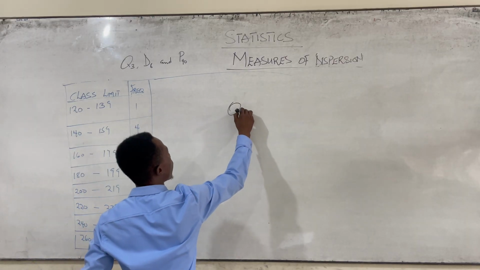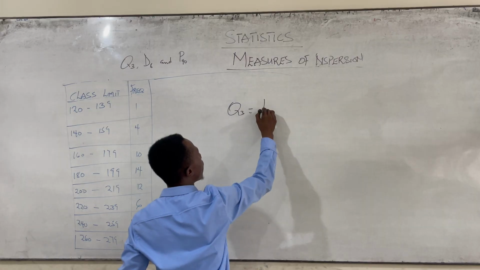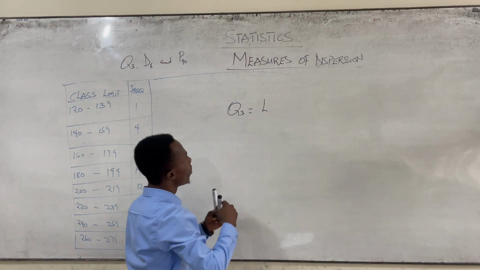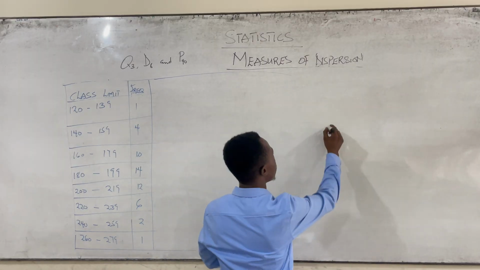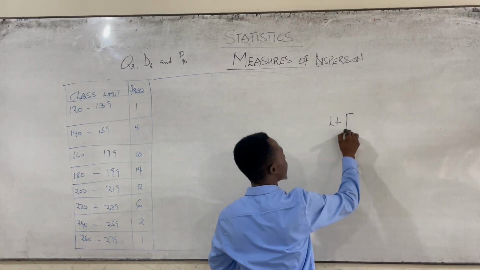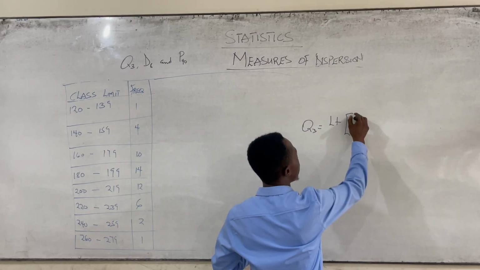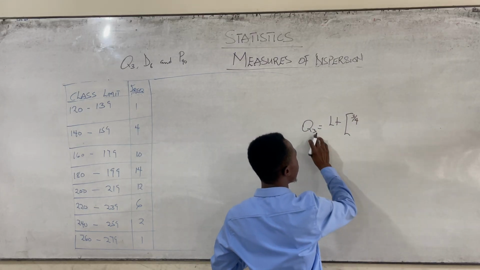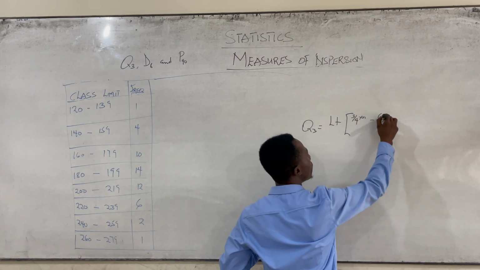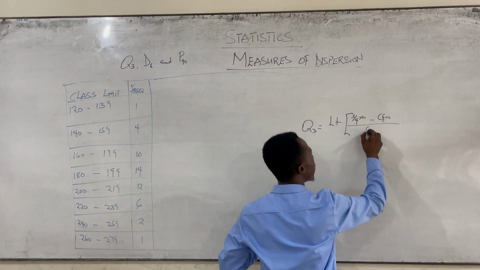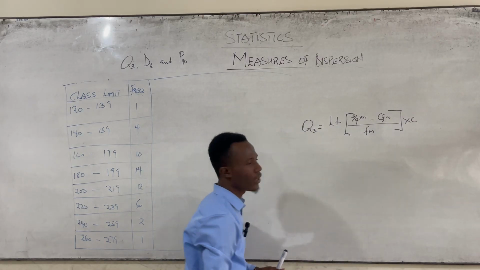Okay, so now the first one is Q3, or the third quartile. So now let's first calculate for the third quartile. We know the formula, that is L plus 3/4, because it is third quartile, times our n minus cumulative frequency divided by frequency of the class times our class size, right?